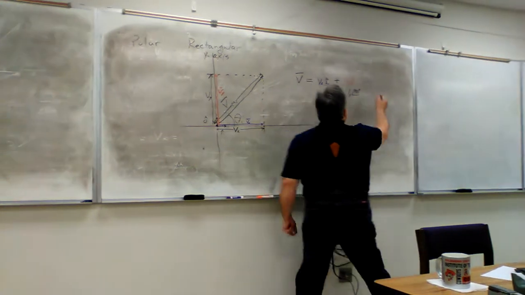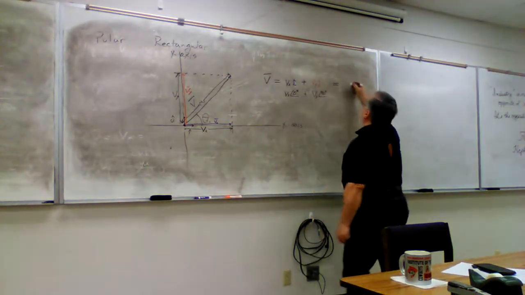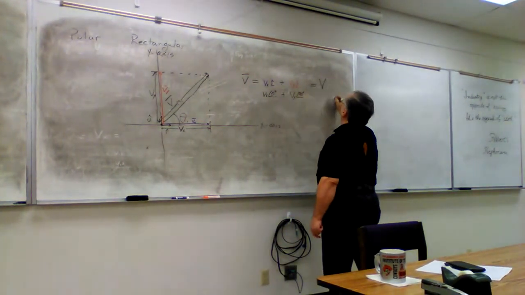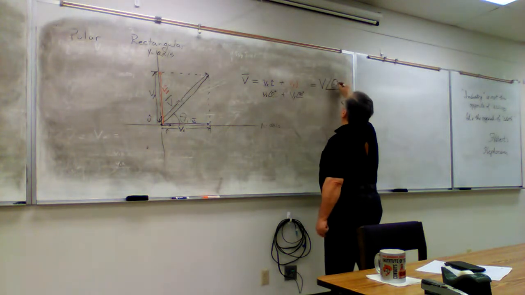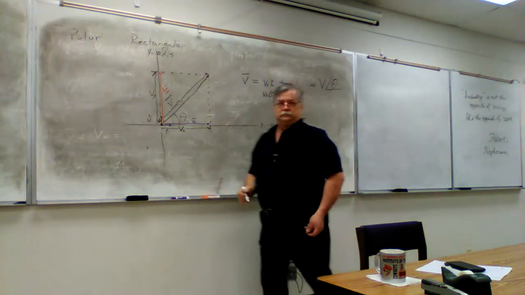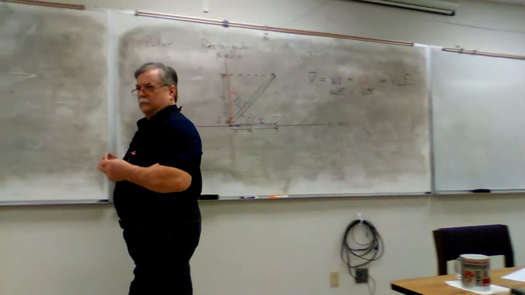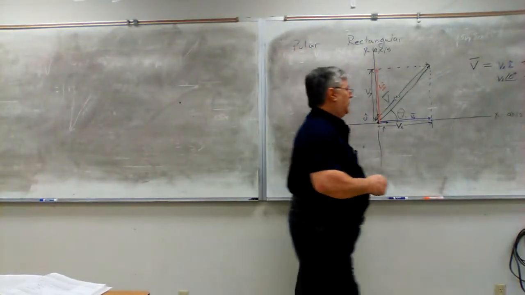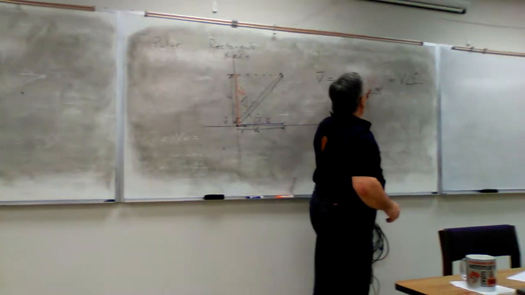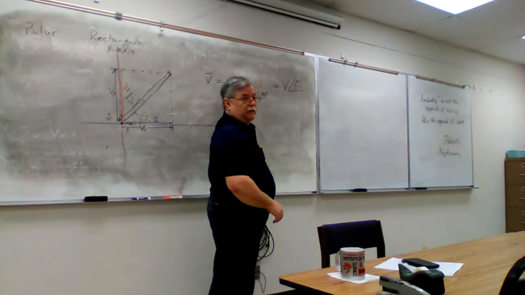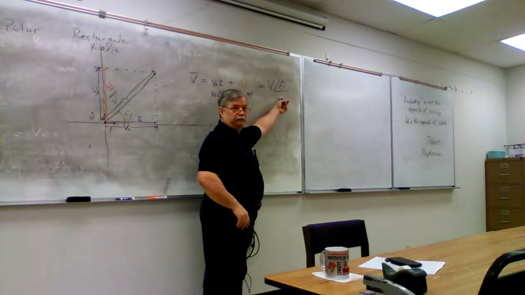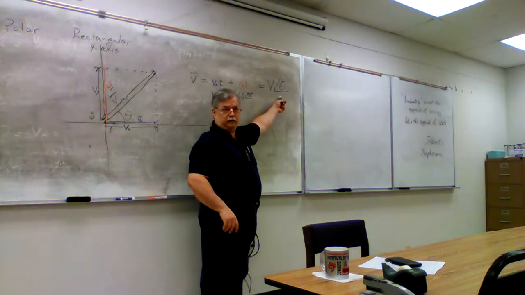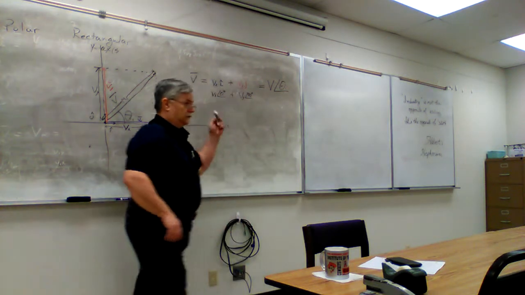So, we can also write it as v at an angle theta. This is one description of that vector. This is another description of the same vector. Okay, it's not two different vectors.